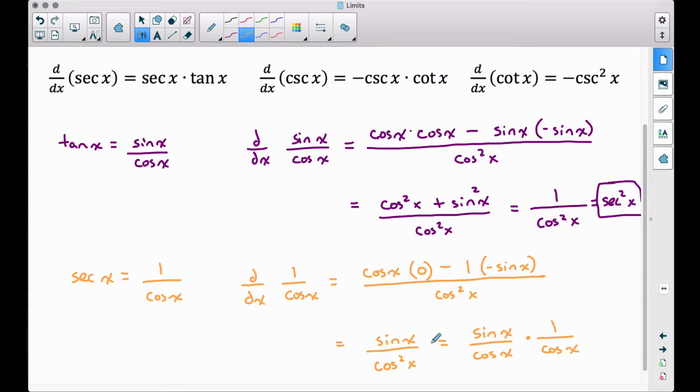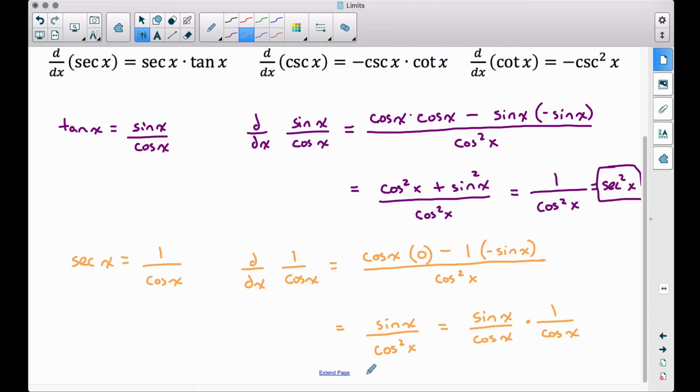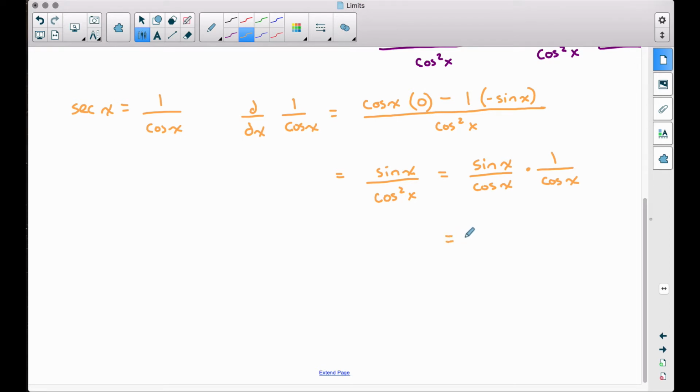All I really did there was, if we take sine of x times 1, we still get sine of x if we multiply our numerators. Multiplying our denominators, we get cosine of x times cosine of x. Well, that's cosine squared. The reason I did this is because now we can rewrite the sine of x over cosine of x as tangent of x, times 1 over cosine of x, which is secant of x.